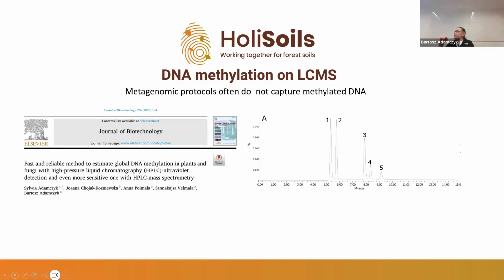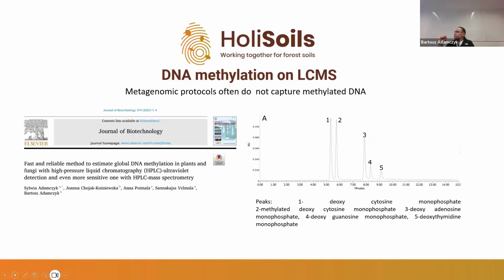So we figured out that kind of a method using HPLC with mass spectrometry. On the right, you can see 5 peaks. Next one. So there is cytosine, methylated cytosine as the second peak, and the rest of the typical DNA components: adenosine, guanosine, and thymidine. Next one, please.